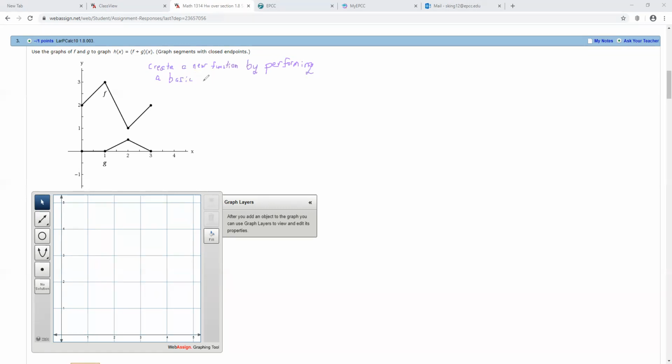So by performing a basic mathematical operation on the 2 functions, and using the 2 original functions.